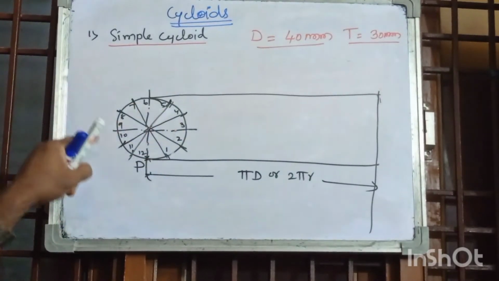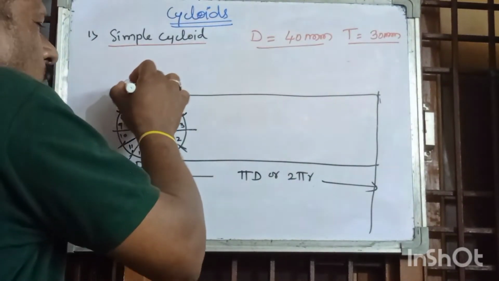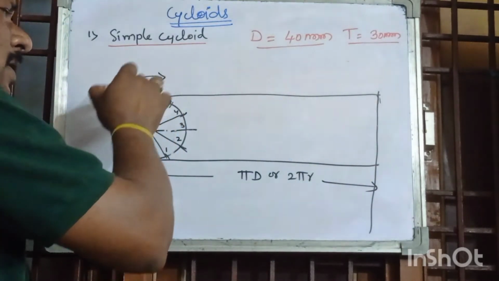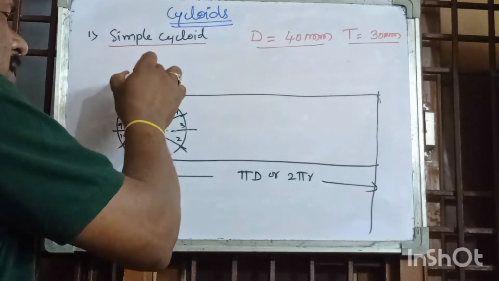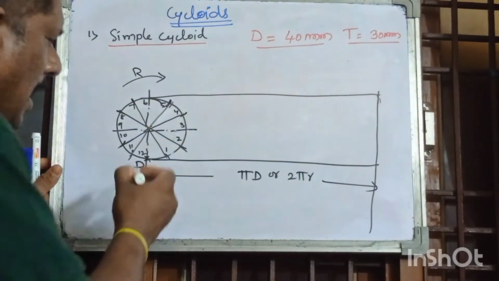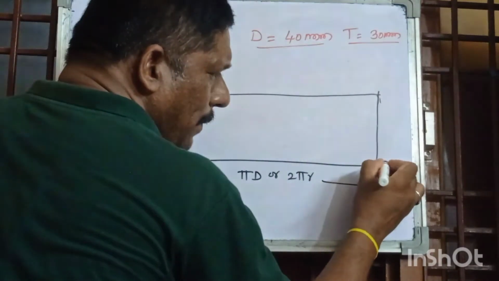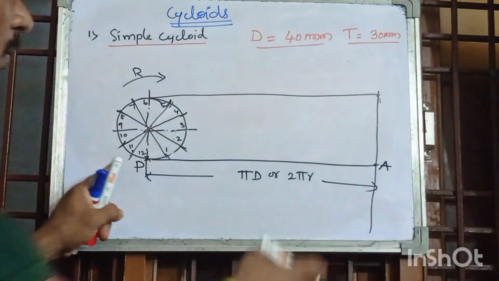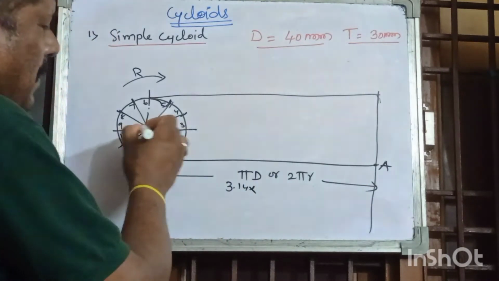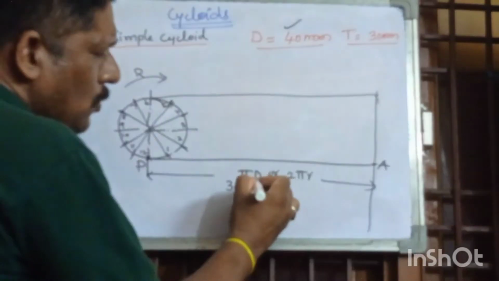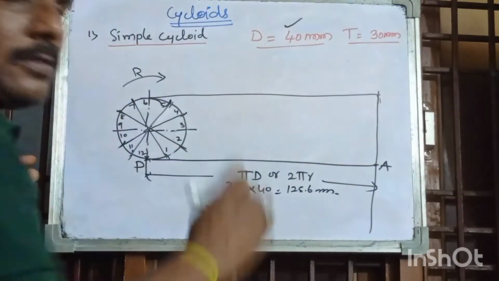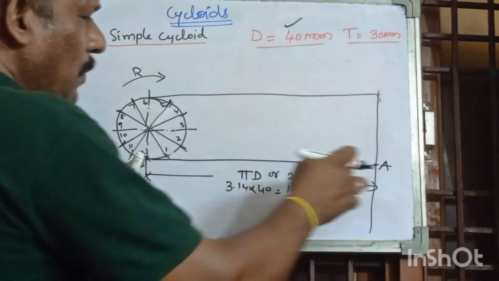When the rolling circle rolls in a clockwise direction, give the numbering in anti-clockwise direction. From point P to A, assume the length is equal to pi d. Pi is 3.14 times the diameter, which is 40 mm, so you will get around 125.6. Take 125.6 length.